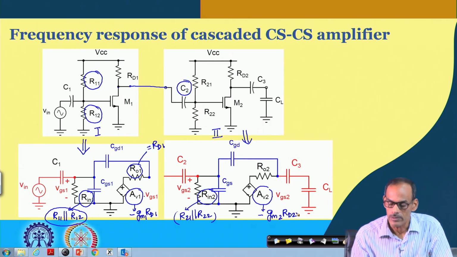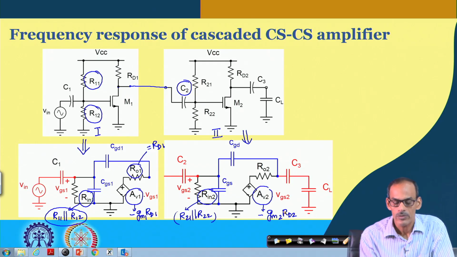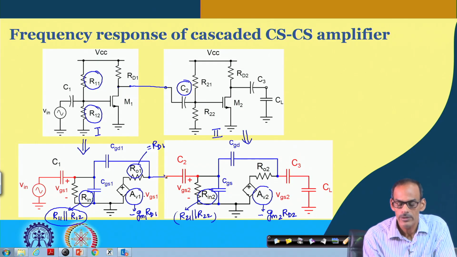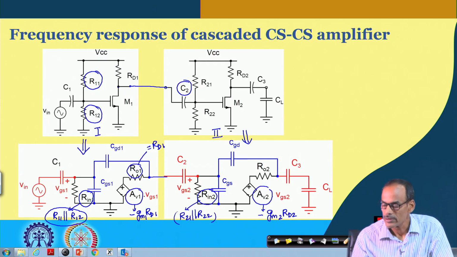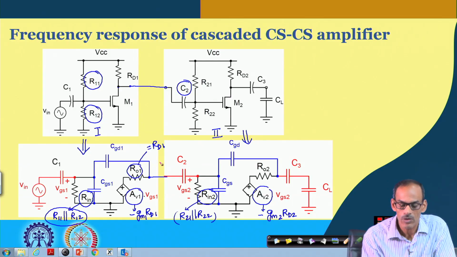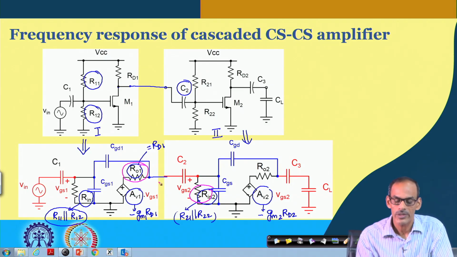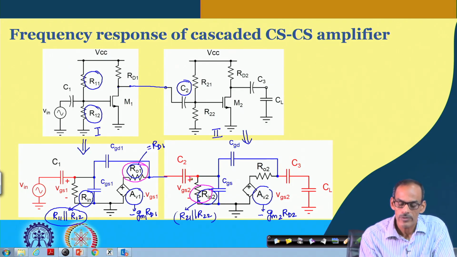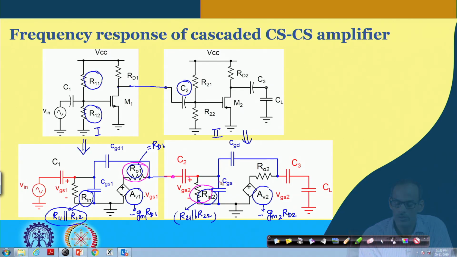Now, for this case also, the moment we make this connection, there will be attenuation, because this resistance and this resistance form a potential divider kind of circuit. So whatever VGS the second transistor gets is not the entire internal voltage; rather, there is an attenuation factor.